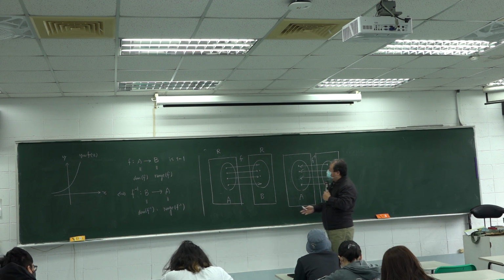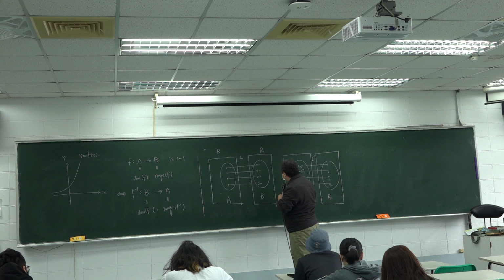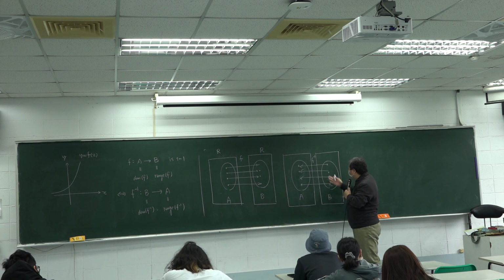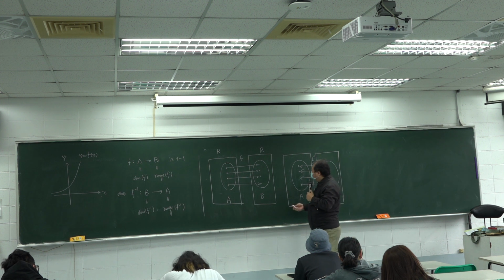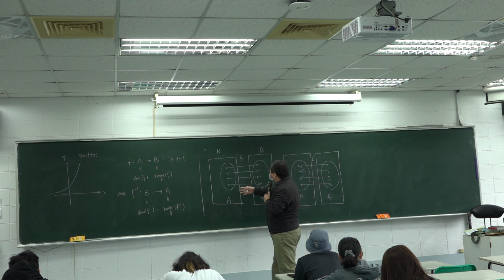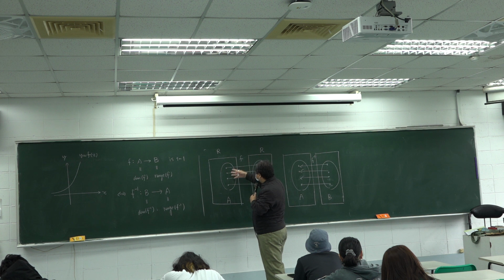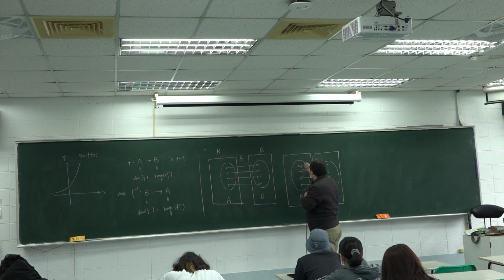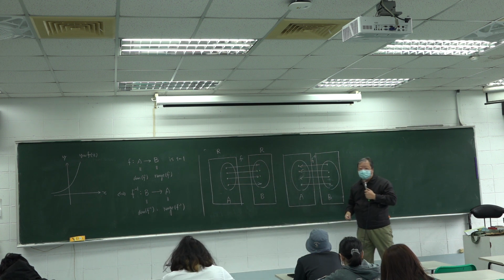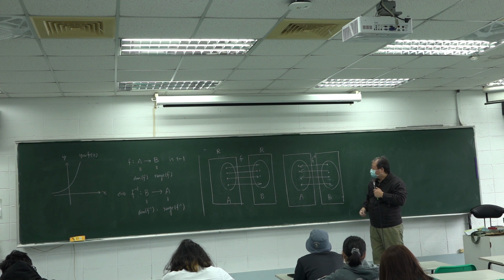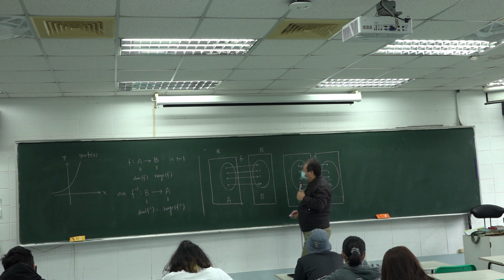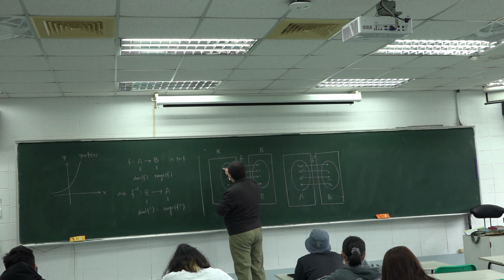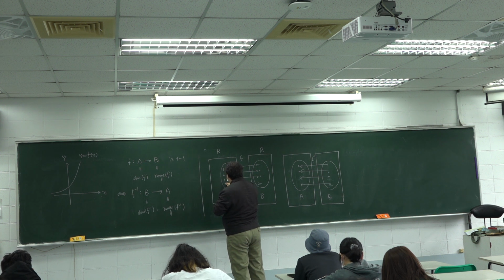Therefore, the range of the function f, B, is now the domain of the function f inverse. And the domain of the function f is now the range of the function f inverse. Suppose this is 1, 2, 3, 4 squared.